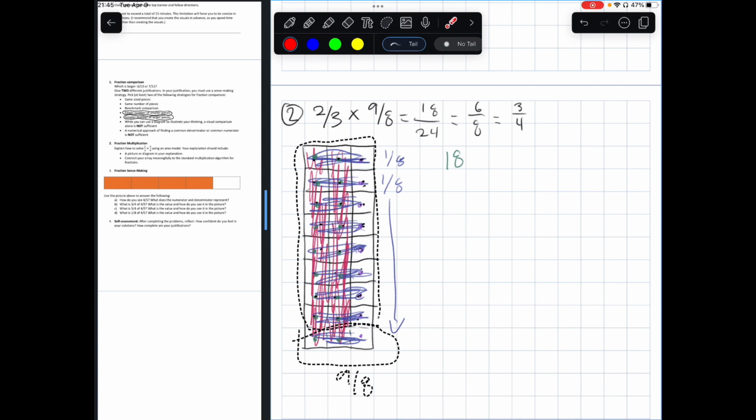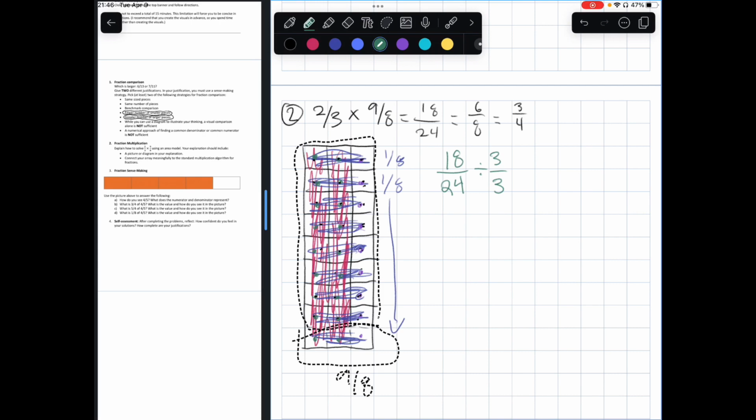So, because we have 24 in our whole, in our area, this is our area, we have 18 because of these two down here. So our denominator is 24, which then we can divide by 3 over 3.